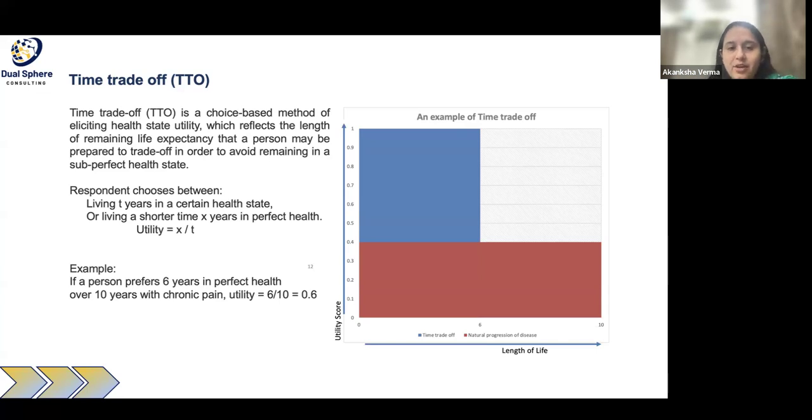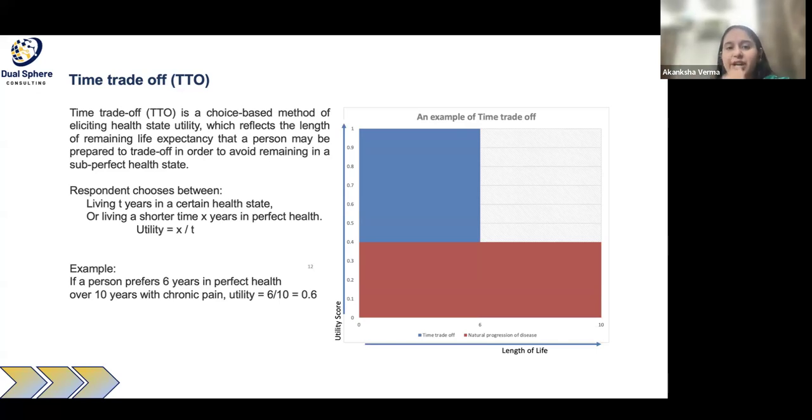Another example is given here. If a person prefers 6 years in perfect health over 10 years with chronic pain, the utility value would be 6 years in perfect health divided by 10 years in chronic pain, so the utility value will be 0.6. Understood?